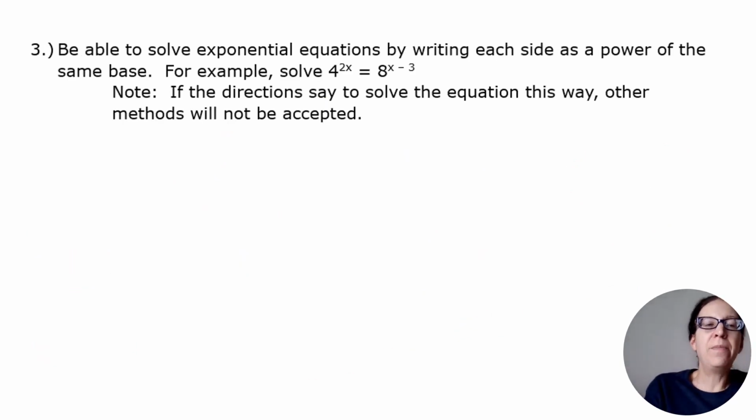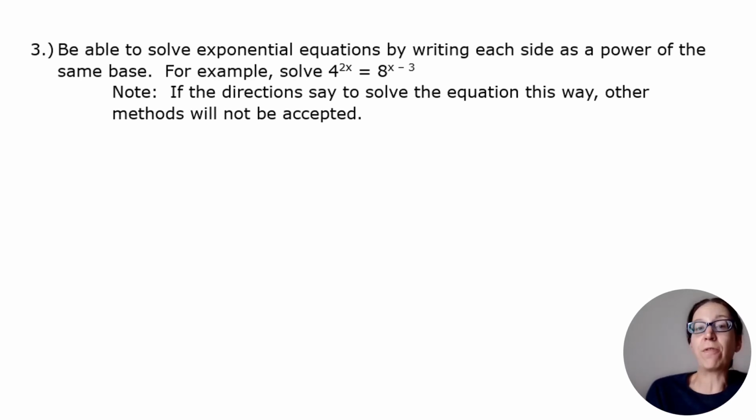All right, next one: be able to solve exponential equations by writing each side as a power of the same base. For example, solve 4 to the 2x equals 8 to the x minus 3. Note, if the directions say to solve the equation this way, other methods will not be accepted. Some equations can be solved by either this method or by using a logarithm.